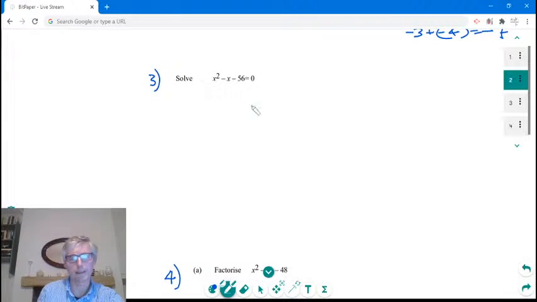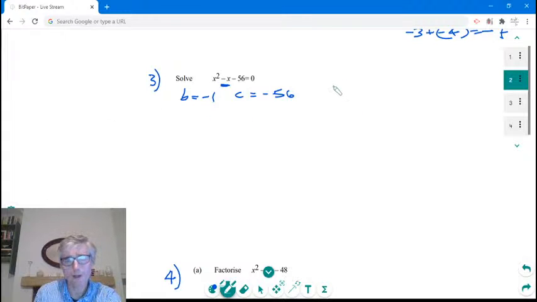So this one now, number 3, has got a negative for what I call the coefficient, which is the number multiplying the x there. So we've got b is equal to -1, and we can see that c is equal to -56.